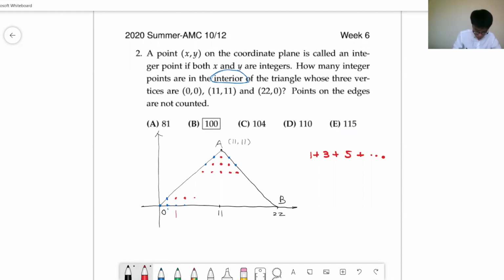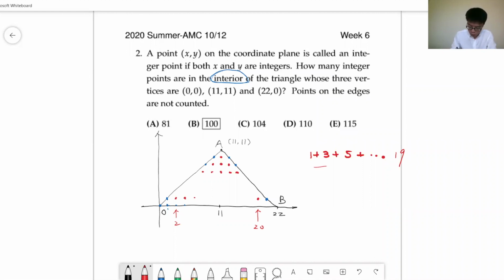So this coordinate will be 2. And now let's see what's the last point here. This is a blue one, we don't count. And the red one is here, we count this point. The blue one has x coordinate 21, so the red one has x coordinate 20. So we count from 2 to 20. So finally we have 19 points. So the total number of integer points is 1 plus 3 plus 5 plus up to 19.